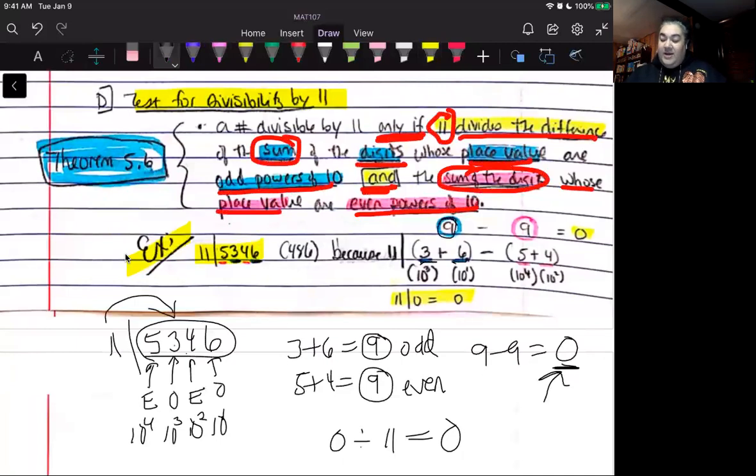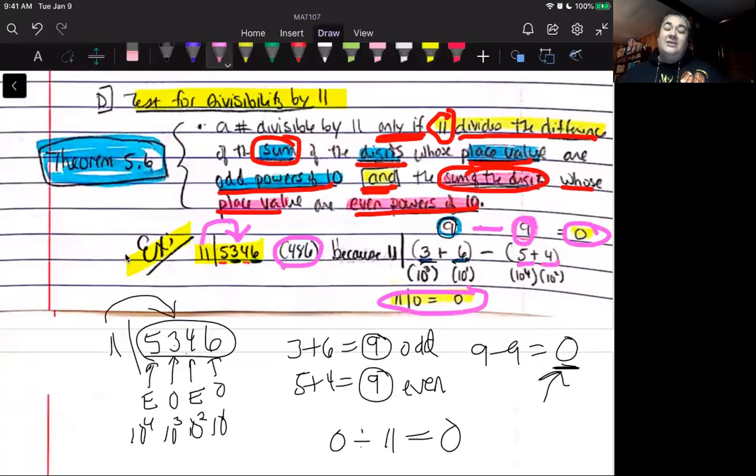And then we checked the even ones, which were the pink ones, and it was 5 and 4, and they gave us 9. And then here's where we found the difference, and it gave us 0. And we checked, and yes, 11 goes into 0 0 times, so it does go into it. Therefore, we know that 11 will divide into this number evenly, and if you put it into your calculator, it does. It goes into this number 486 times.